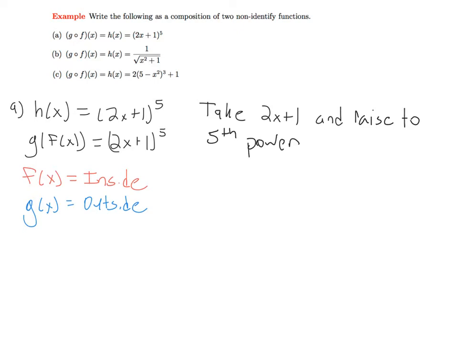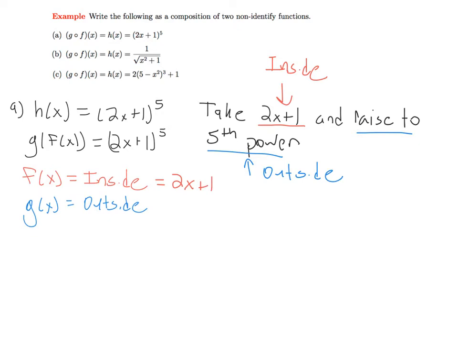So this first operation, 2x plus 1, we can think of as the inside function, and this second operation, raised to the fifth power, could be our outside function. So I could set f of x, the inside function, to be 2x plus 1, and g of x, the outside function, to be raised to the fifth power.